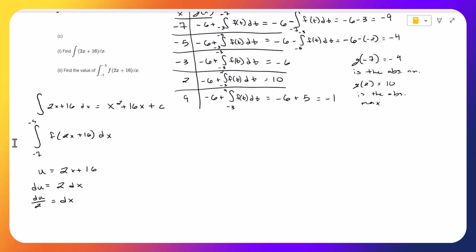So 2 times negative 7 plus 16 and 2 times negative 5 plus 16. 2 times negative 7 is negative 14 plus 16 is 2. 2 times negative 5 is negative 10 plus 16 is 6. So if we put this all in, this would give us the integral from 2 to 6 of f of u du.